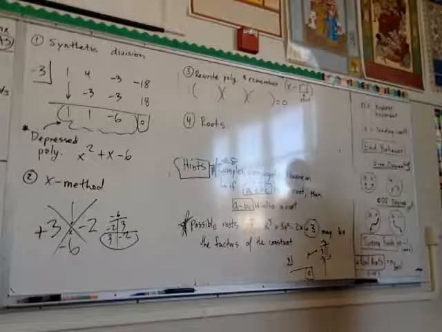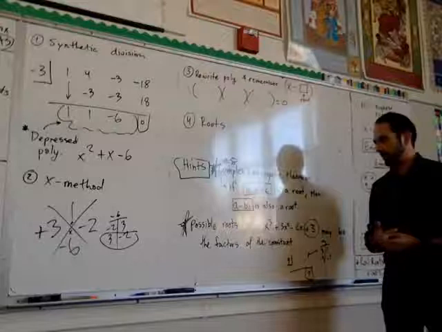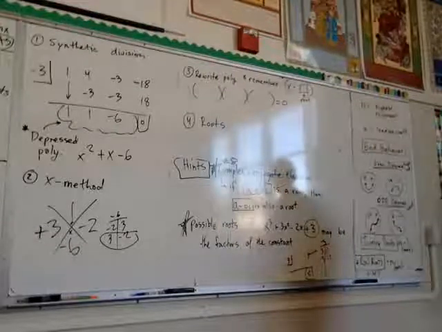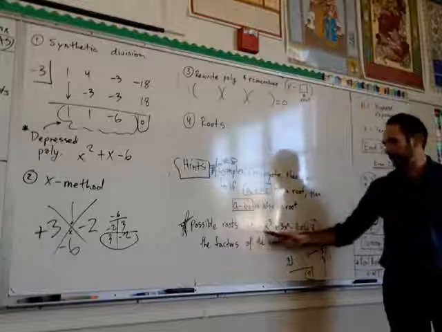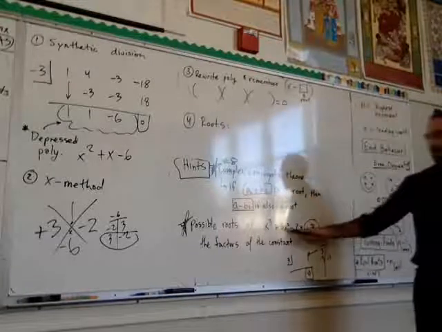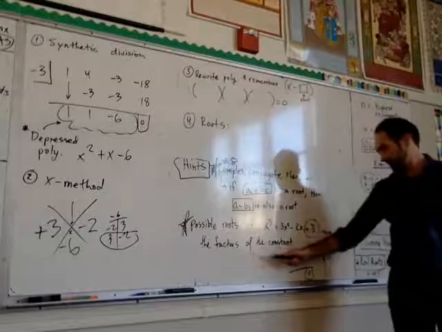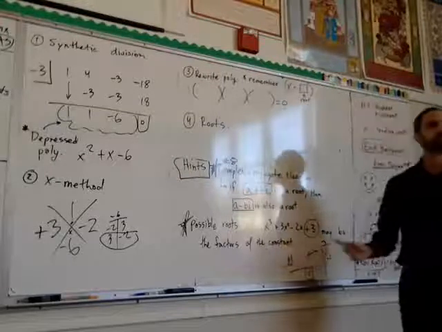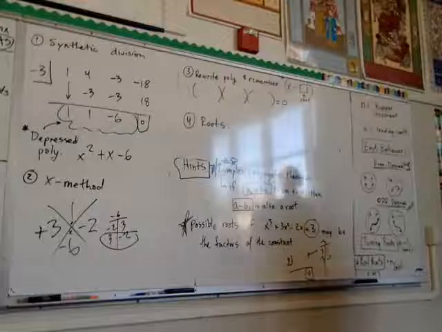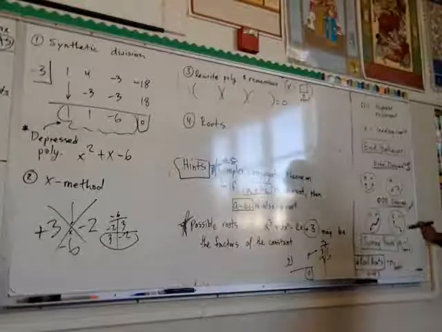It's more important for number 8. That's where you'll see it, just warning you. The other one is the possible roots of this function may be the factors of the constant. So we're going to look to that constant to see what our factors are.